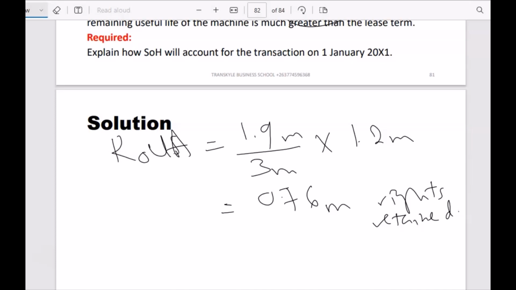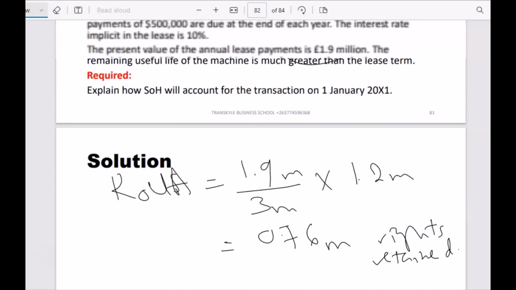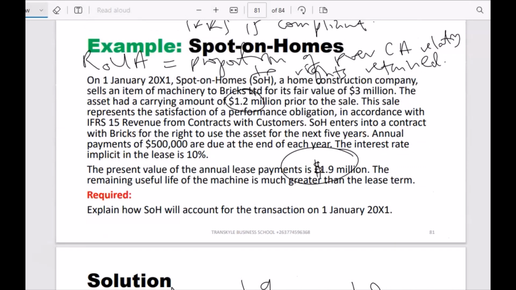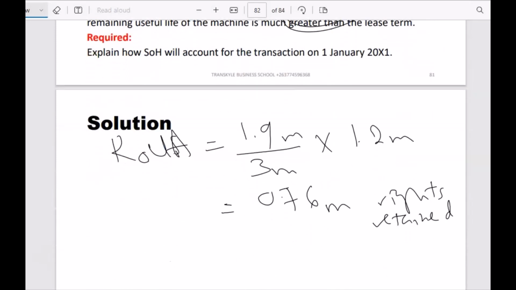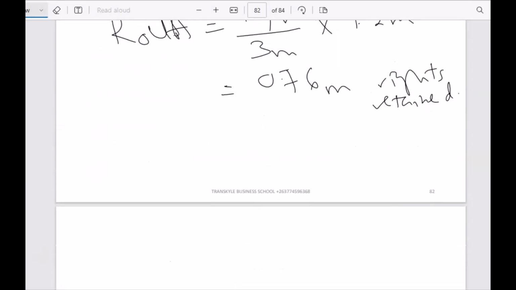So what is going to be the double entry in this case? Because we sell this item at 3 million, but the present value of the lease payments is 1.9 million. So we have received 3 million. That is the reality of the situation. So we are going to debit the 3 million cash received.